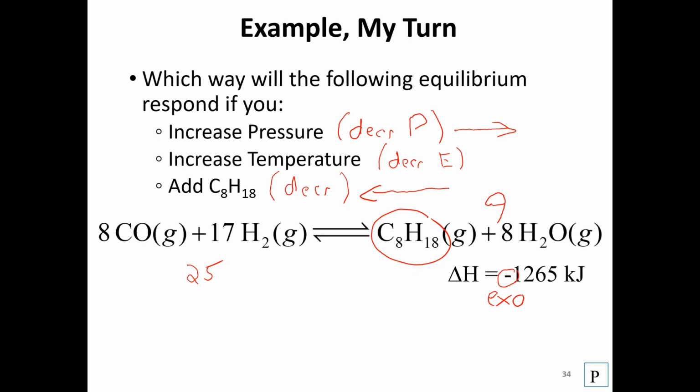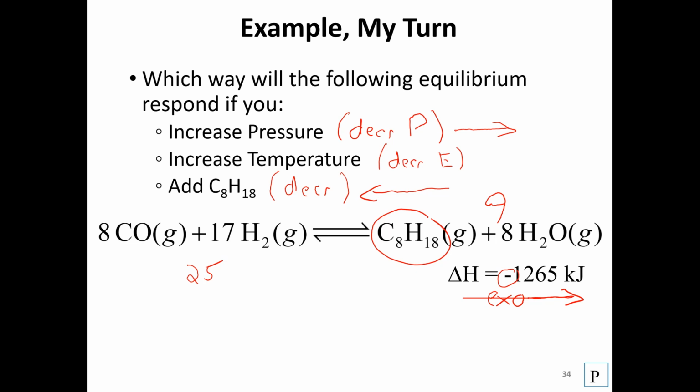Now, in Chem 1, that's all you had to know. But now this is Chem 2, and we have equilibria. We have reactions that go backwards. So in case there's any doubt, that negative means it is exothermic in that direction. Going forward, it's exothermic. It gives off energy.